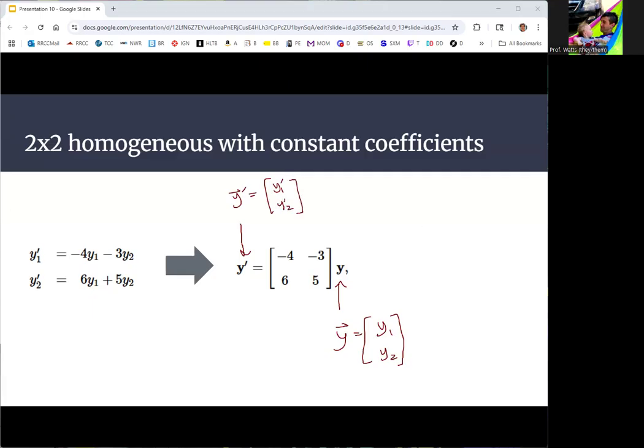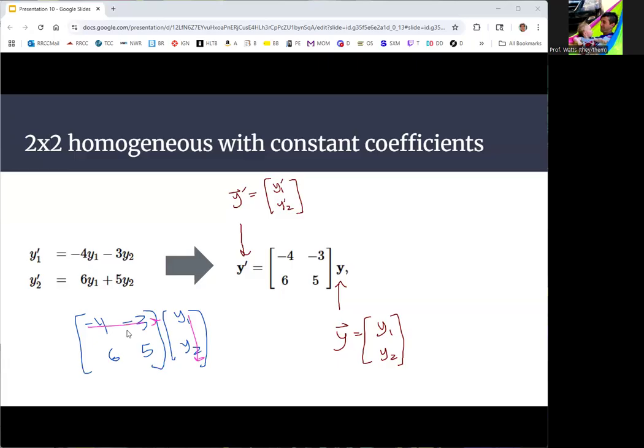And of course, when you multiply these out, we've got -4, -3, 6, 5. On the right side, this is the matrix multiplying a vector. You would take the first row and do the dot product with that column.